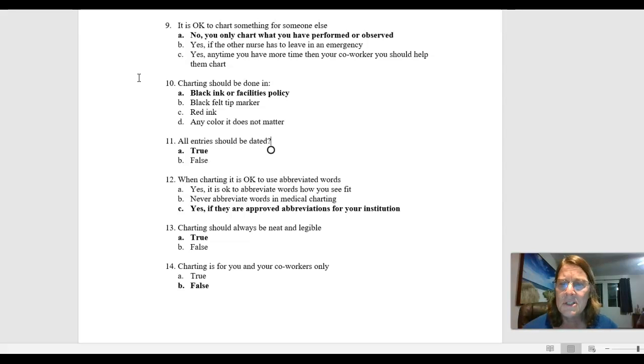And then the next question says charting is for you and your coworkers only, and that is false. It is primarily for the healthcare team. That is true. Everybody on the healthcare team tends to document in it. And remember what we talked about back in the first couple weeks of school: you should never be in a person's chart that you don't need to be in. If you're not taking care of that person, you have no reason to be in that chart.